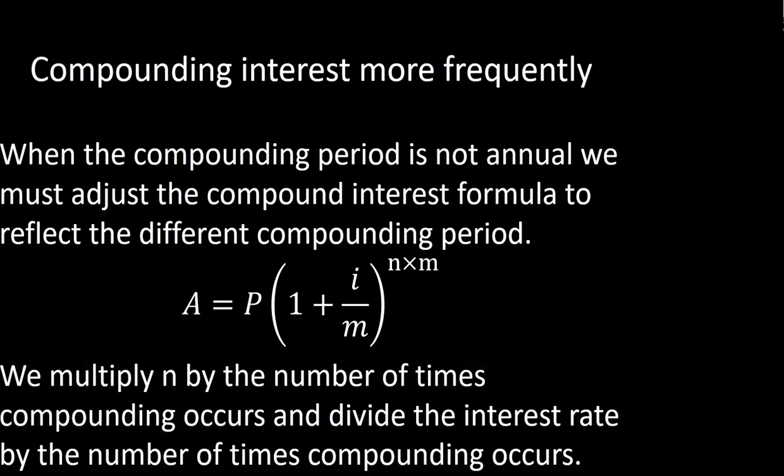Obviously, because this compounding is no longer annual, we need to adjust the compound interest formula, because that general compound interest formula is just for an annual type of compounding.